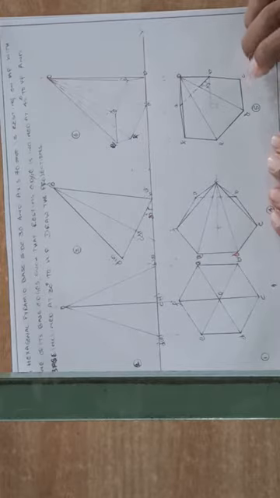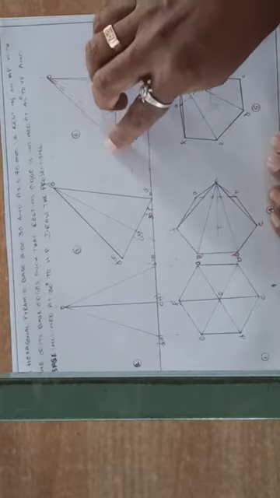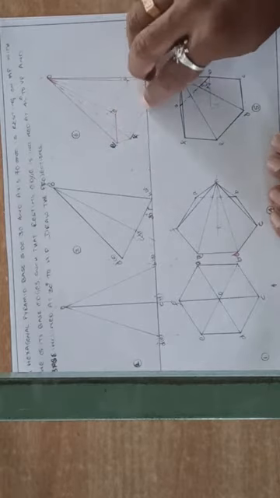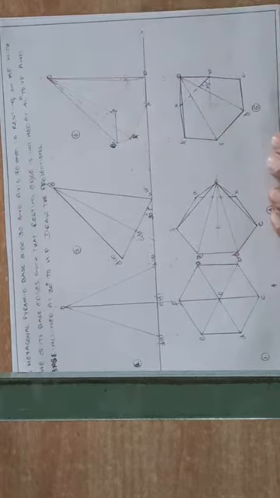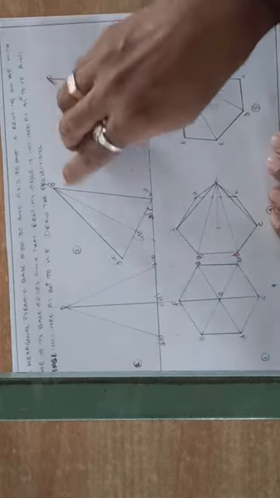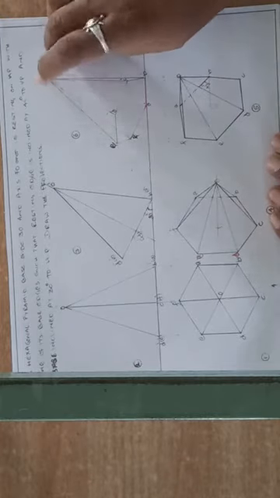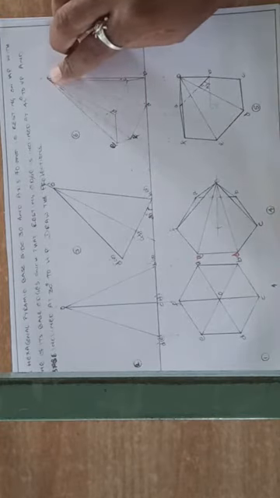Now looking from the front, all these edges are visible edges, make a thick line base. Then similarly from O vertical projection, O dash horizontal projection, join all the edges with the vertex point.